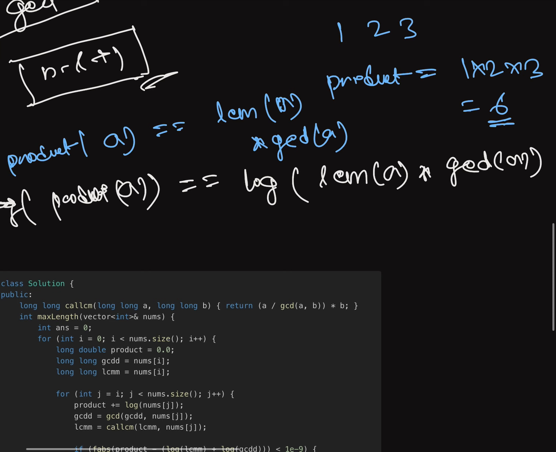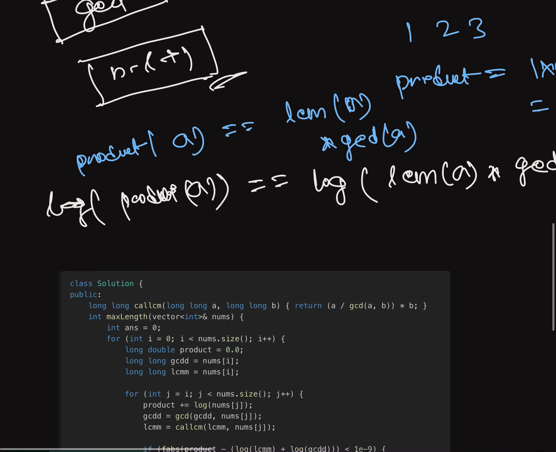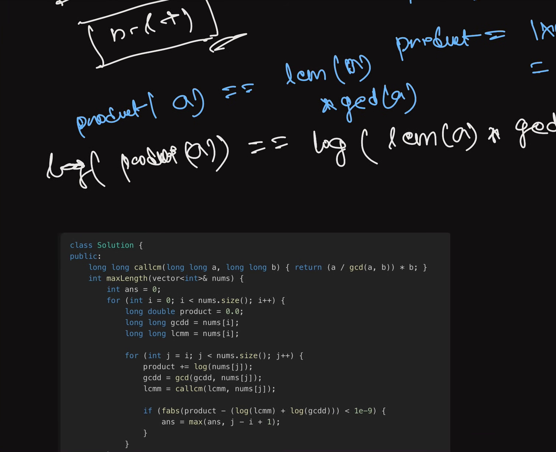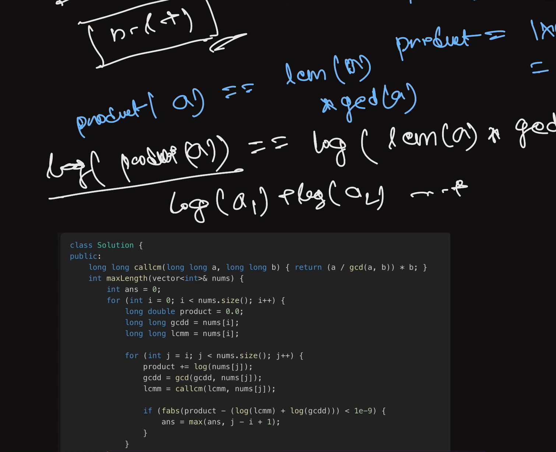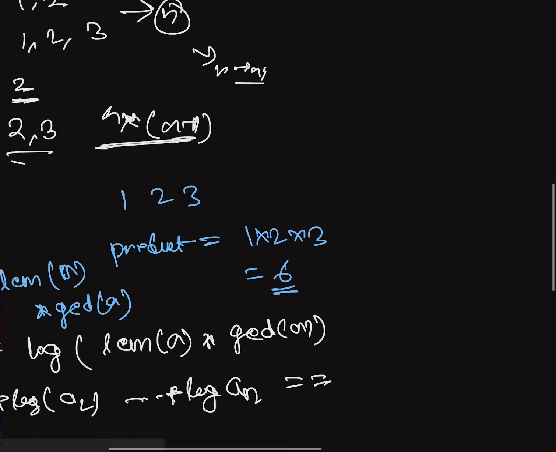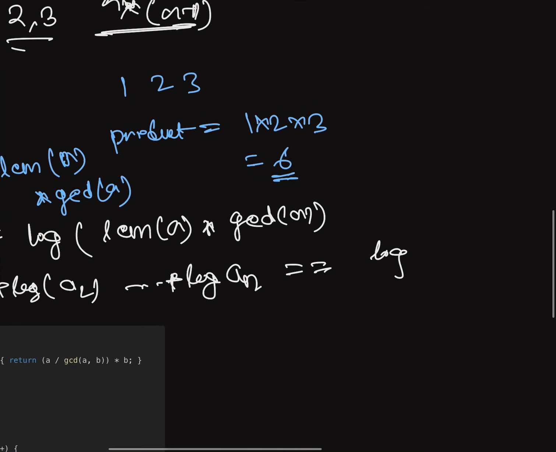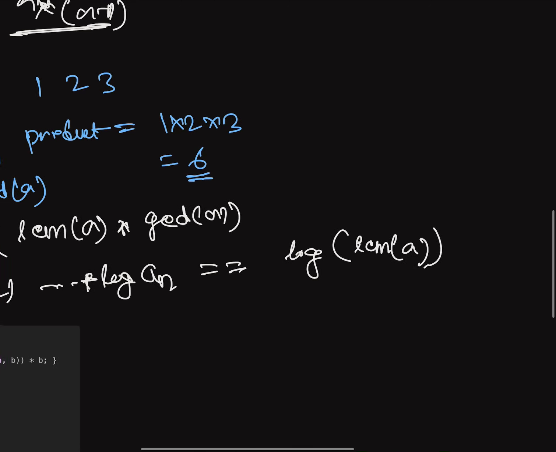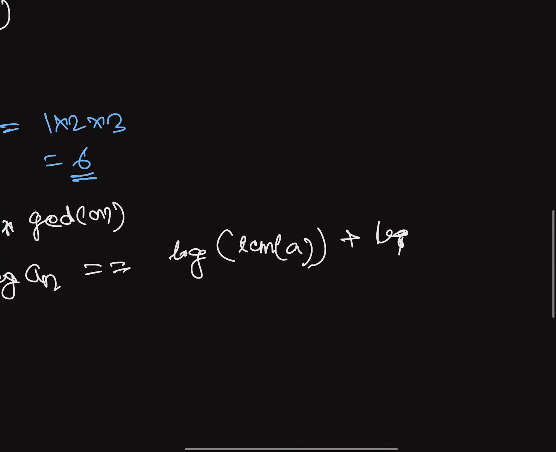We can write this if we take the log on both sides. Now suppose there are n elements, then on the left we can write log of A1 plus log of A2, and so on up to log of AN. There are n elements. And for the right side we can write it as log of LCM of array A plus log of GCD of A.